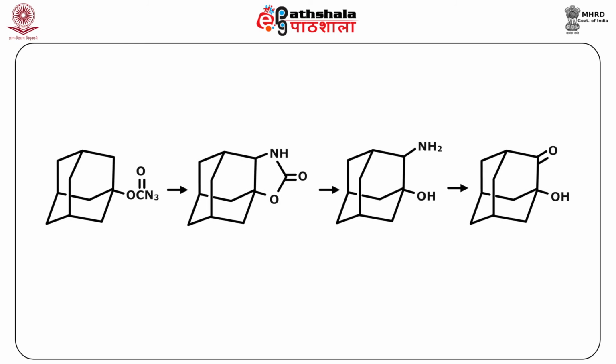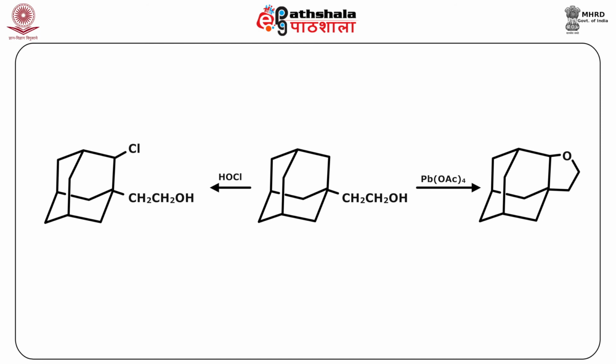The internal cyclization reaction of a bridgehead substitution provides 1,2-substituted adamantanes. 1-hydroxy-2-adamantane was synthesized by the photolysis of azidoformate as shown in the scheme in front of you, followed by internal cyclization and the formation of a nitrene intermediate.